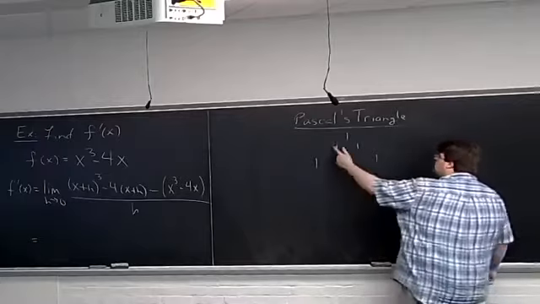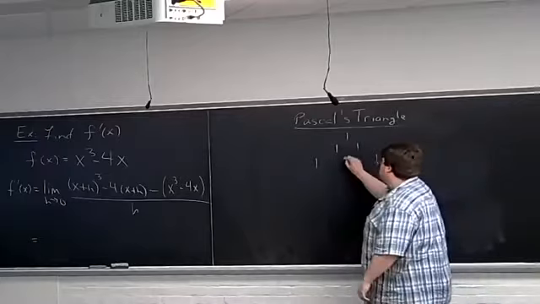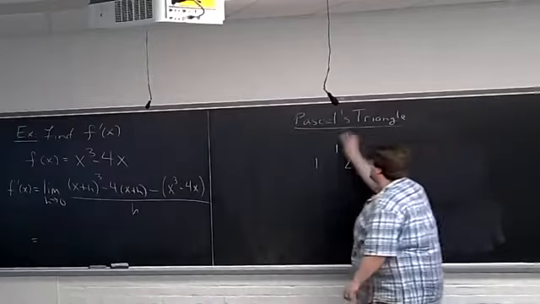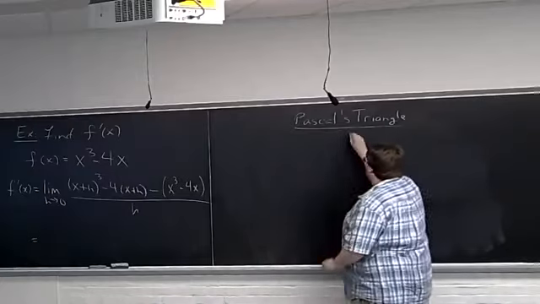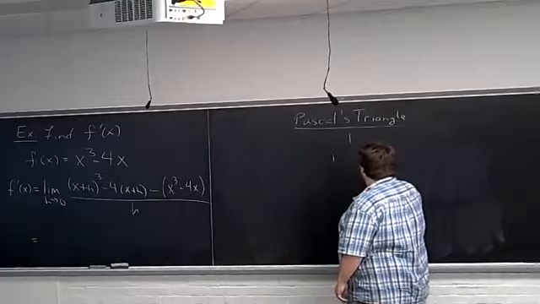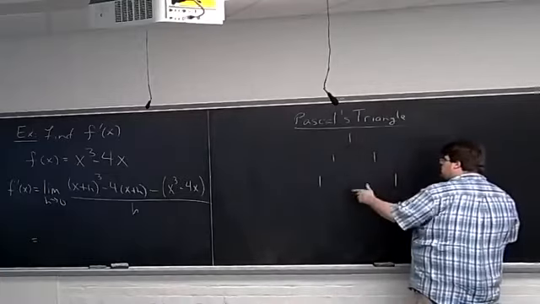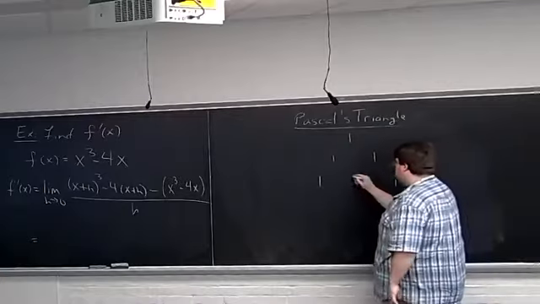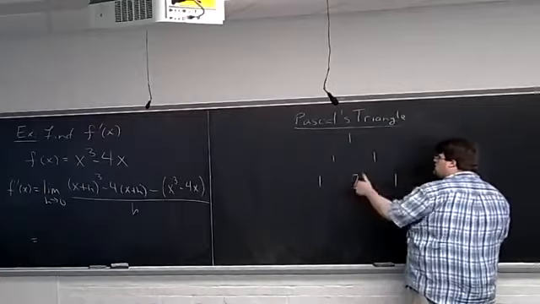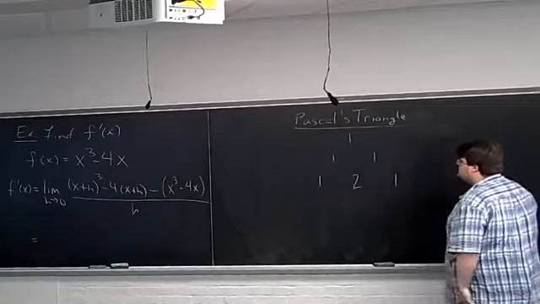In this case, 1 plus 1 gives us a 2. Maybe I'll put a little more space here. 1, 1, 1, 1, 1, and then the middle number here is given by that 1 plus that 1.